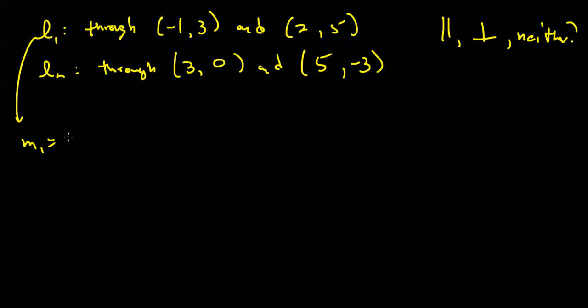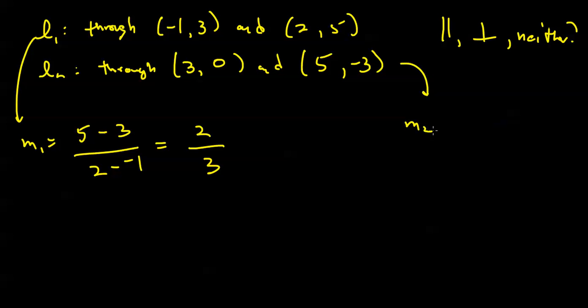The slope of line 1, I'll call it M1, is going to be 5 minus 3 over 2 minus -1. So I end up with 2 in the numerator and a 3 in the denominator, so the slope of line 1 is 2/3. Let's look at the slope of line 2: -3 minus 0 over 5 minus 3.